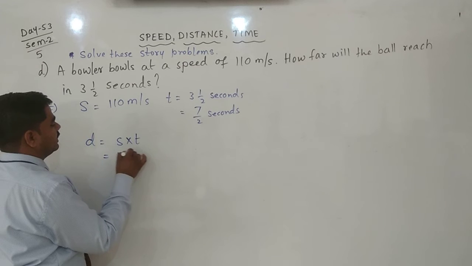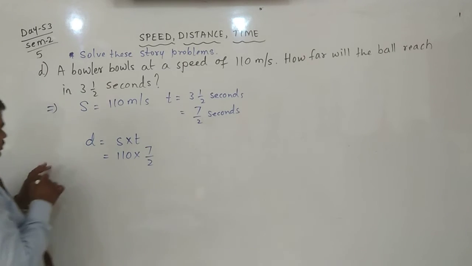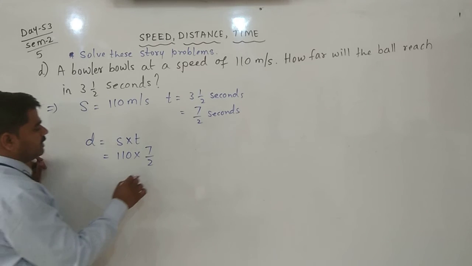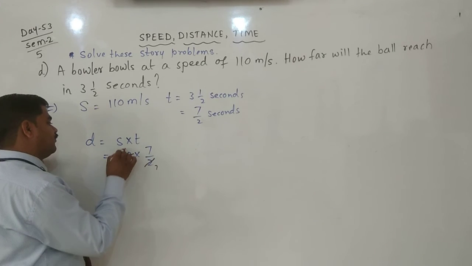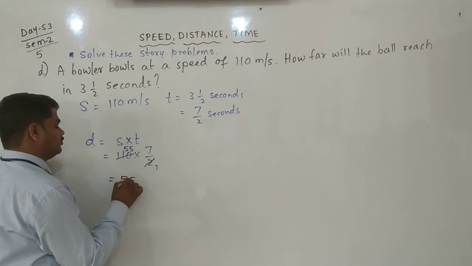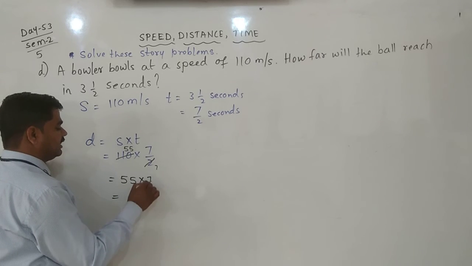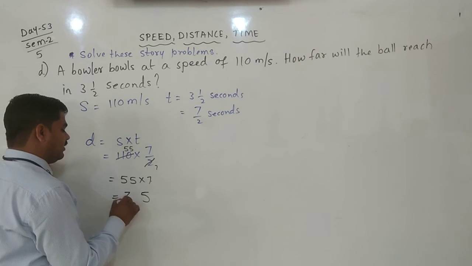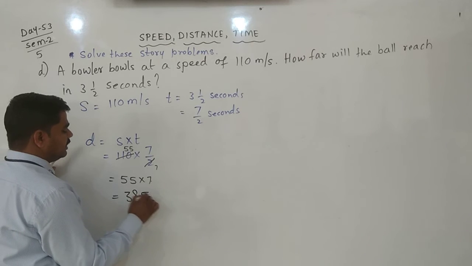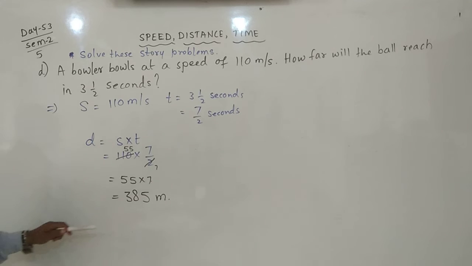Speed is 110, then time is 7/2 seconds. Then 2 1s are 2, 55 times 7. 5 7s are 35, 3 carry, 5 7s are 35, again 3, 38. 385 meter. How much meter it will travel?